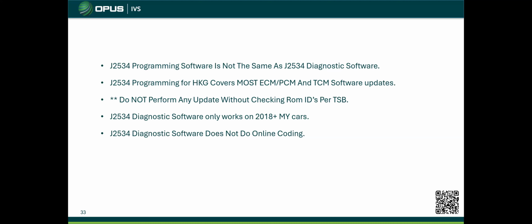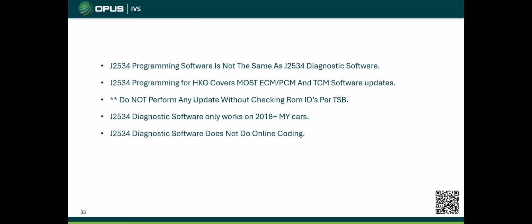When you open up this software, it's going to run a check, or a ROM ID check, which is basically a calibration configuration data check, and it will often pull up calibration data that it finds in its server, and it says, hey, this calibration data is applicable to this car. Do not press go on any of that information without knowing for sure that that ROM ID is applicable to your car and that this update is applicable to your car. In some instances where that has been misused, you can accidentally put the wrong software in a module and thus inadvertently corrupt the module.